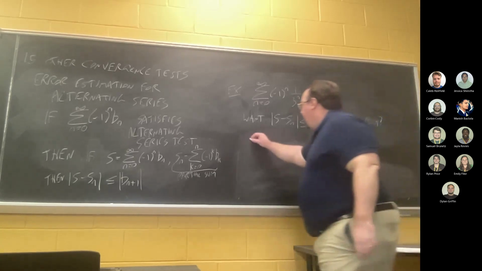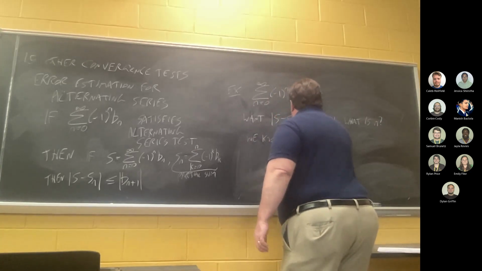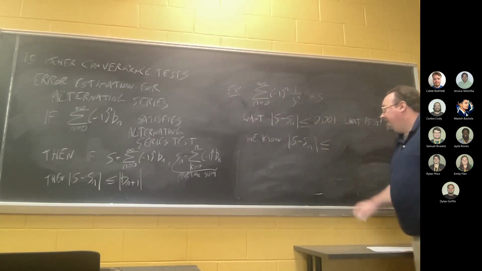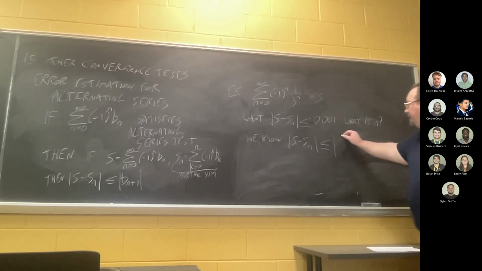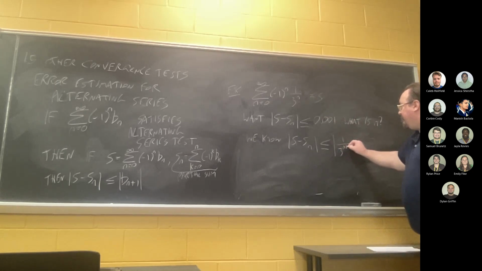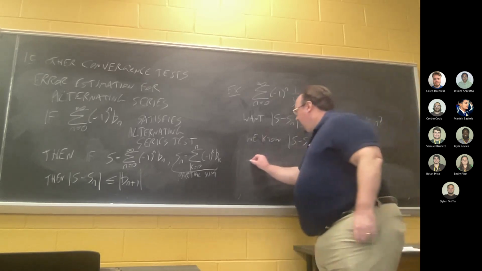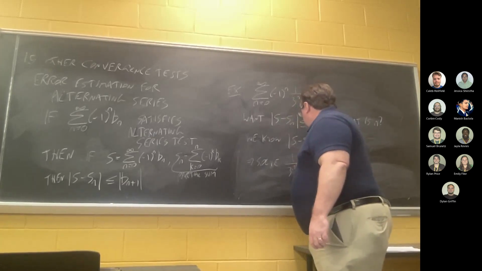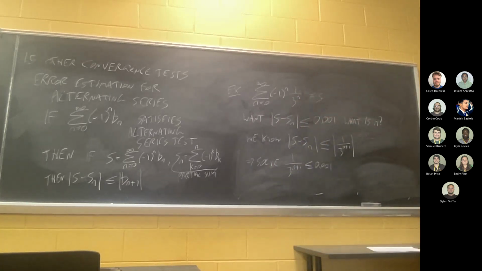Well, what we know is that this difference is less than or equal to the absolute value of the next term, that'd be 3 to the n plus 1. So we're going to solve this inequality for n.